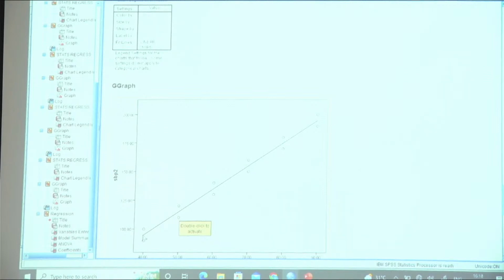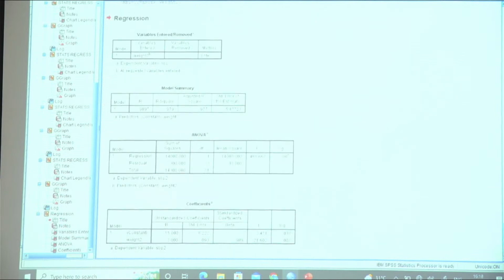Actually, 25 plus 25 repeats 6 times, no? 50 into 6, so 300. Do you get it? So it is not 150. And you see, that is the residual here, 300.